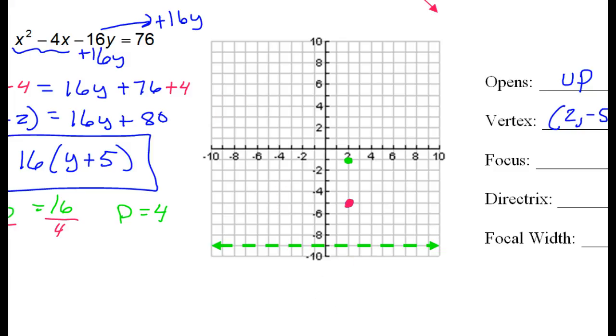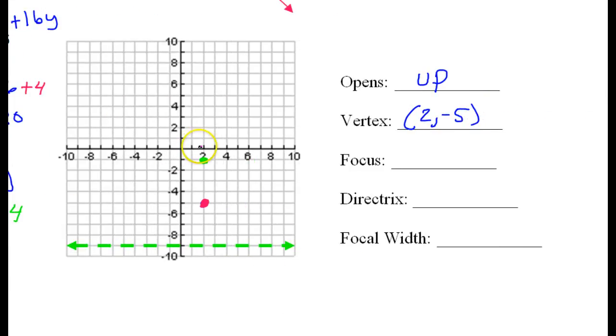Now let's label this stuff up. So the focus was at (2, -1). The directrix is here at y equals negative 9. Horizontal lines are always y equals. Okay, vertical lines would be x equals.